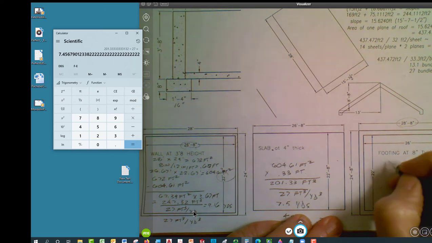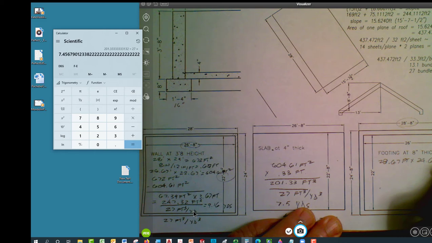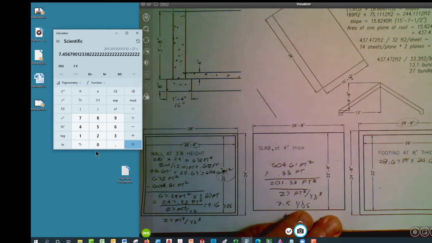So now we have to convert that into decimal. So it's 28.67 feet times 24.67 feet. Back over here and do the math. 28.67 times 24.67. That can't be right.